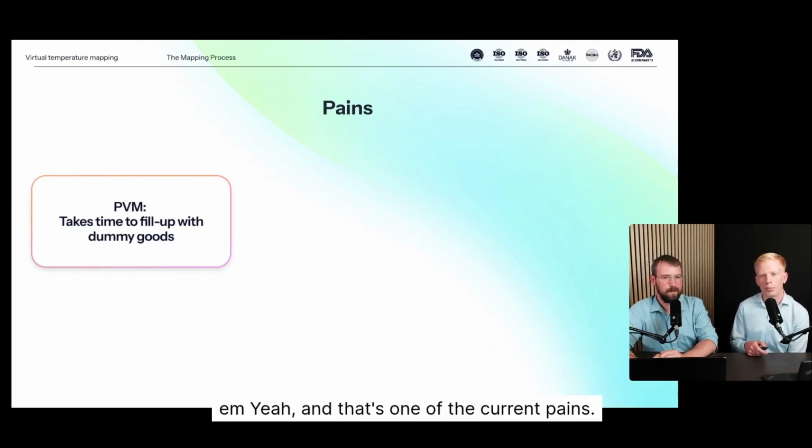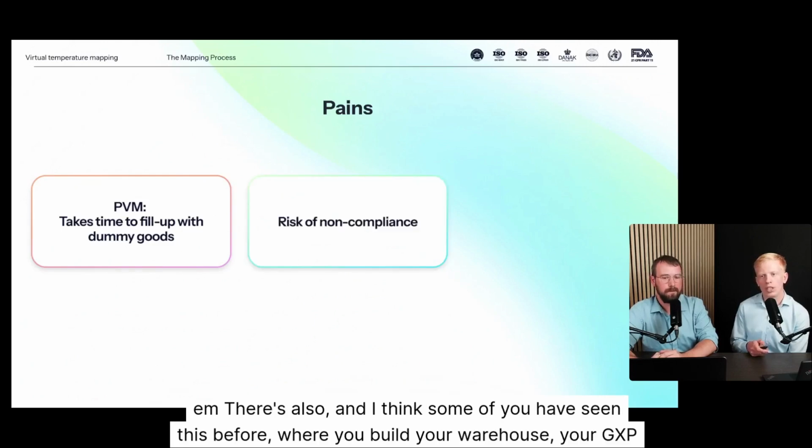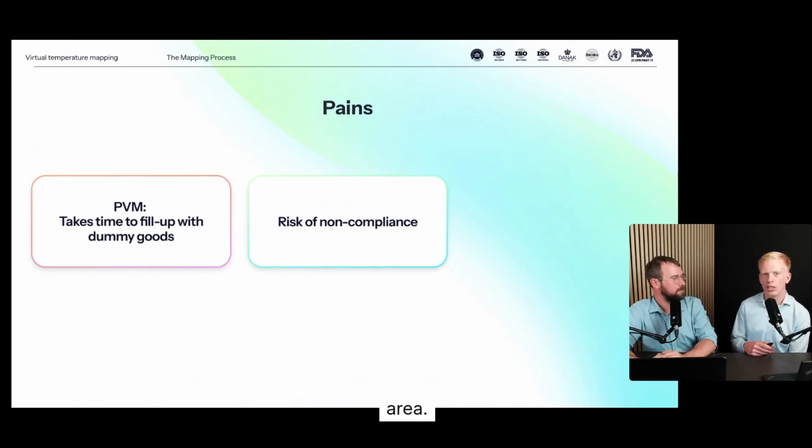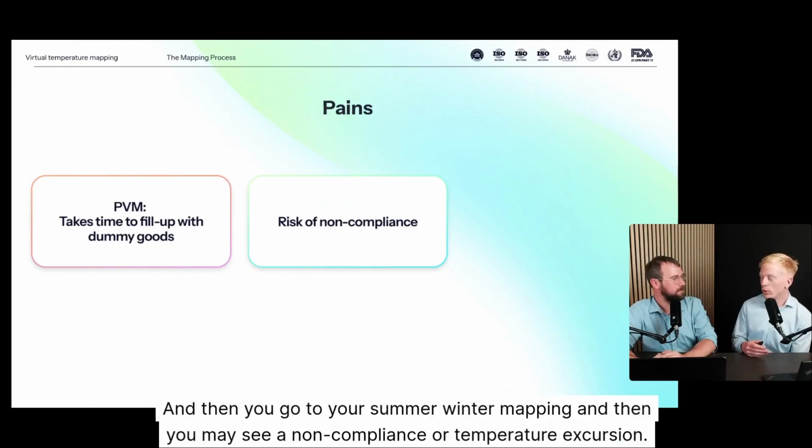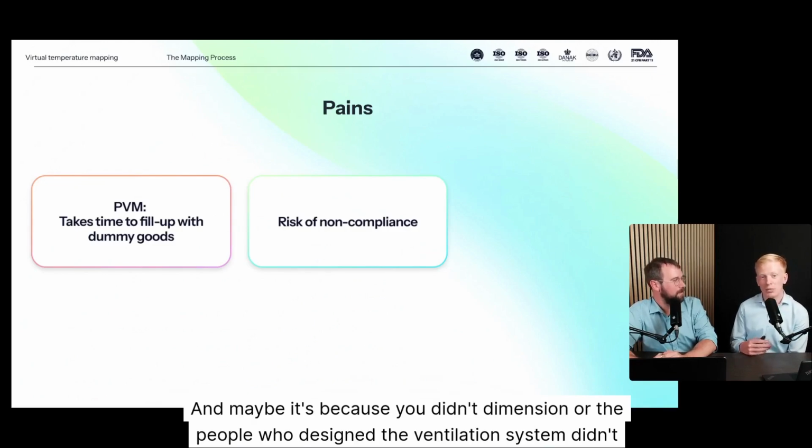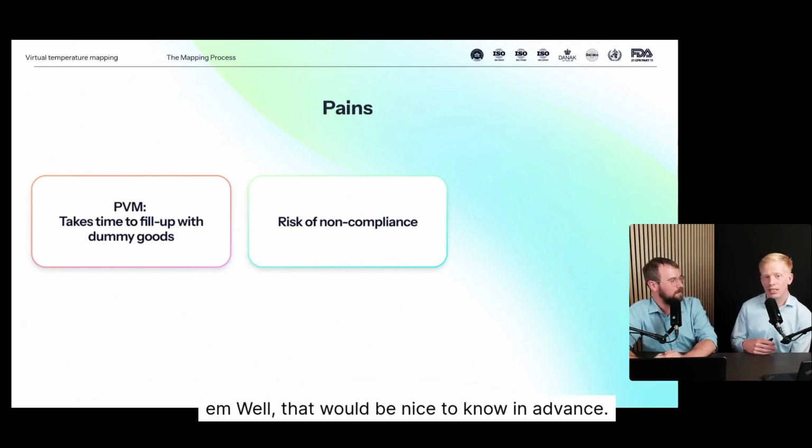That's one of the current pains. There's also another one, and I think some of you have seen this before: you build your warehouse, your GXP area, and then you go to your summer or winter mapping, and you may see a non-compliance or temperature excursion. Maybe it's because the people who designed the ventilation system didn't dimension it correctly.